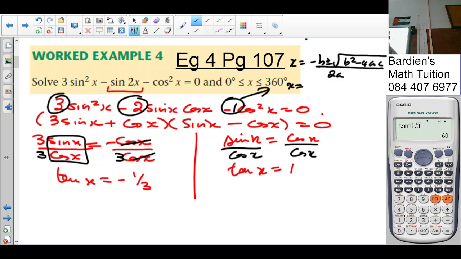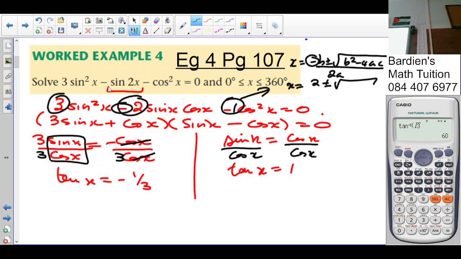So, 1 over 3. Should have got a negative 1 over 3. Do it again. It's minus b, so it's going to be 2 plus minus. Remember, this is minus from the formula, and that 2 is also minus. You understand?